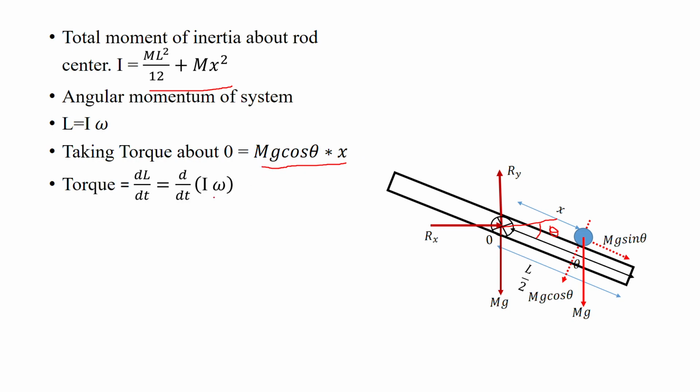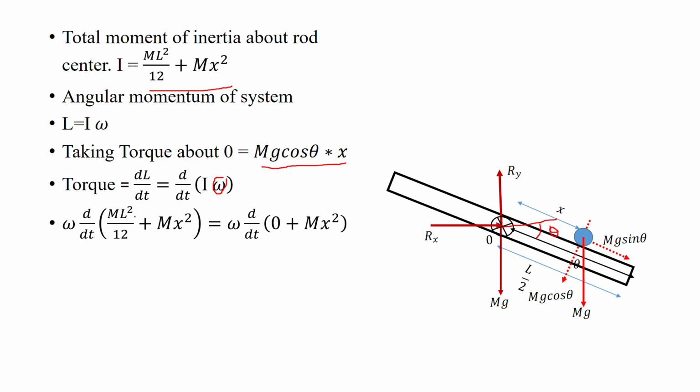Now we know that torque is the rate of change of angular momentum, so torque equals dL by dt, and that equals d by dt of I omega. If we substitute the value, and now in the question it is given that omega is constant, so omega comes out, and then we have d by dt of ml square by 12 plus mx square.